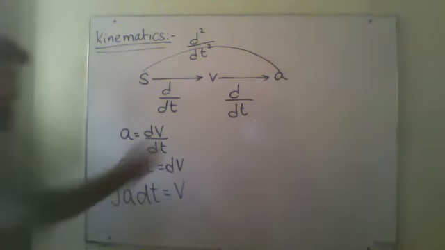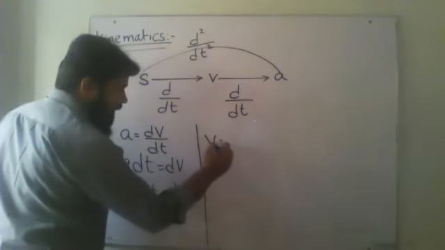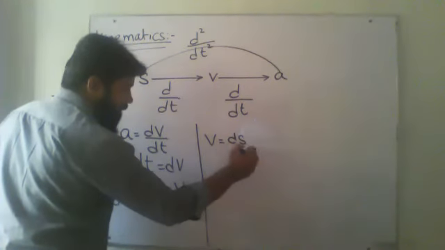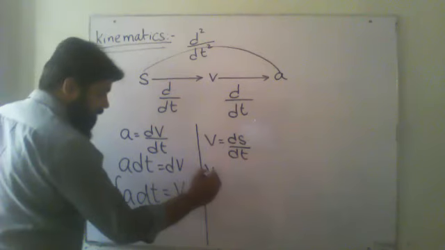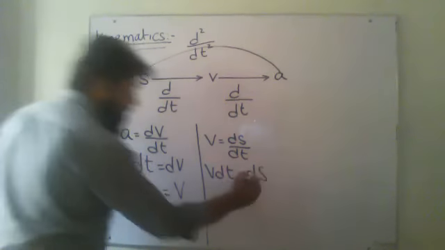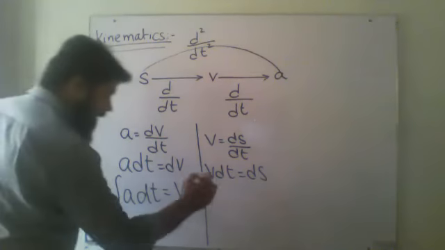In the same way, if I'm having velocity as ds over dt, first of all I'm shifting dt: v dt equals ds. After that, I'm shifting d on this side.